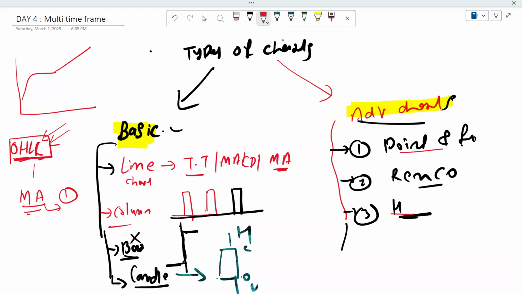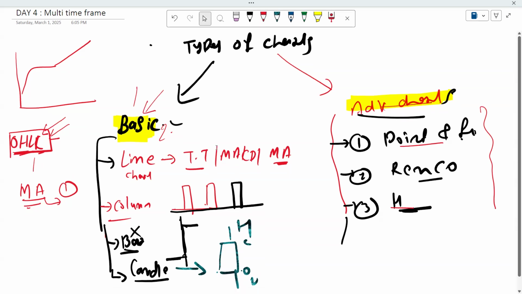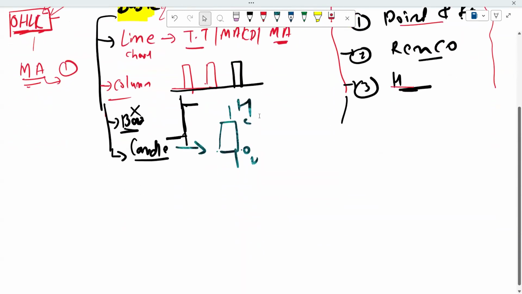Because for these charts you will require some maturity level, after spending some 2 years of basic chart reading. Okay, you can learn, that's not a problem, but try to first master yourself in the basic chart. Then you can start learning advanced charts also. So these are the charts that are available in the market.